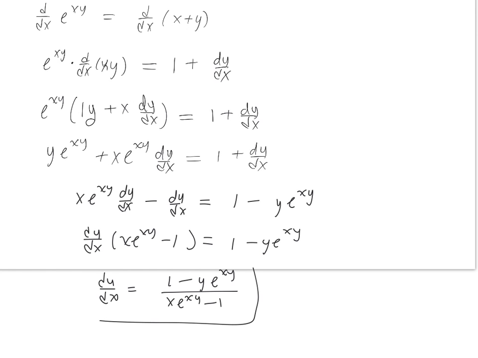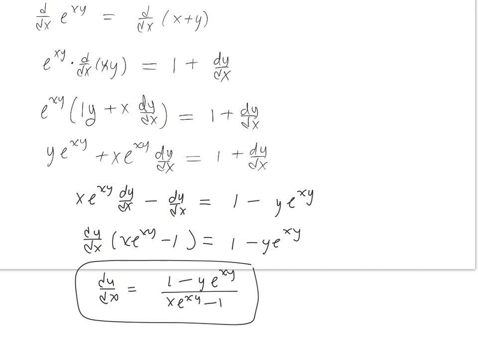There you go. Is everyone okay with that part? The trickiest thing is when you have to apply the product rule, I think. I think that's the hardest part.